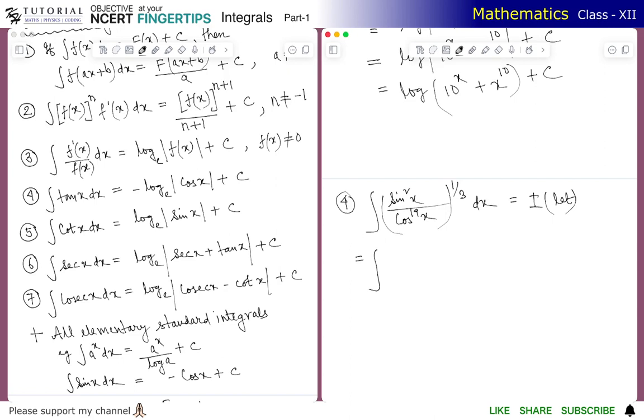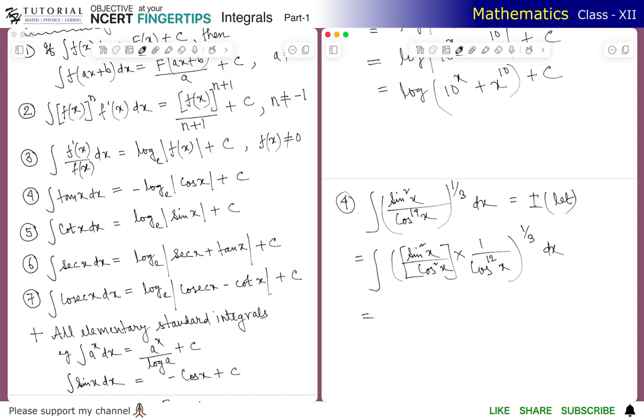So I am thinking if I can split the cos x to the power 14 as cos square x and cos x to the power 12, then I can merge the cos square x with the sin square x, and I have cos x to the power 12. Okay, now what next?